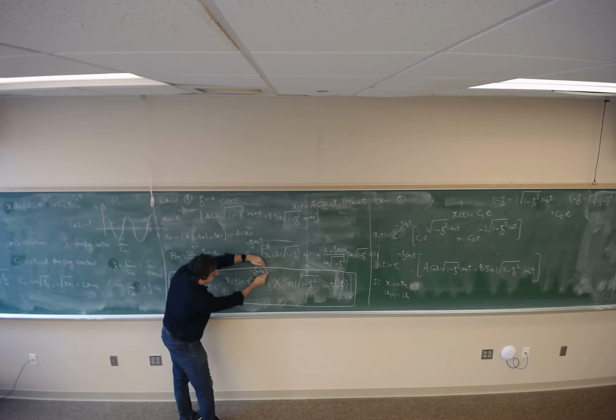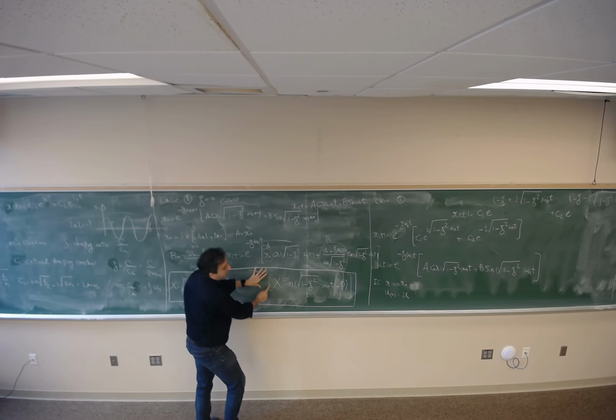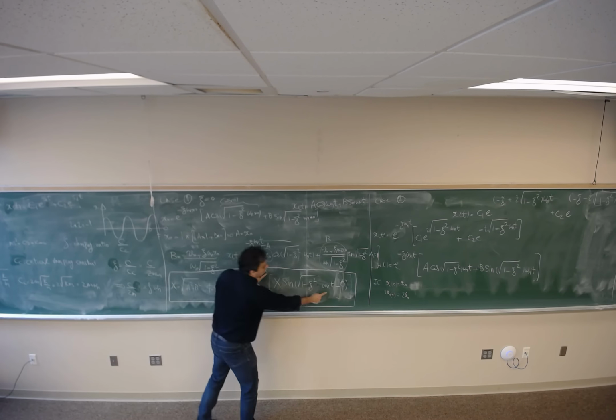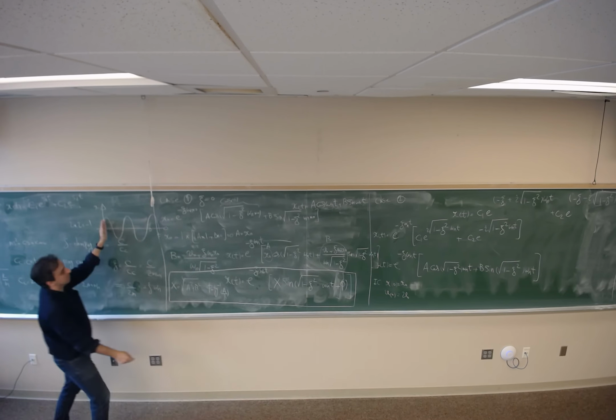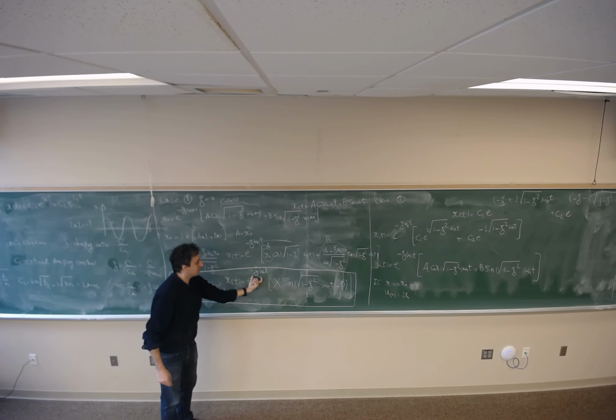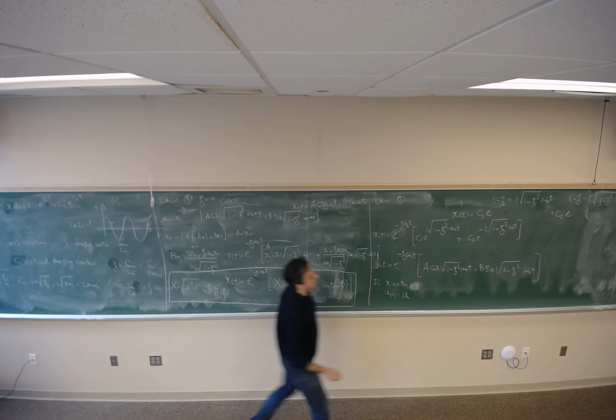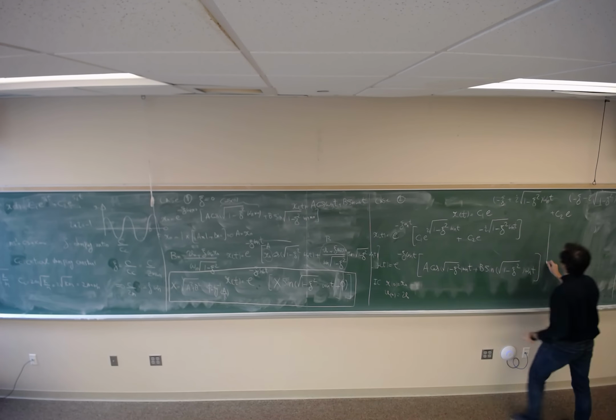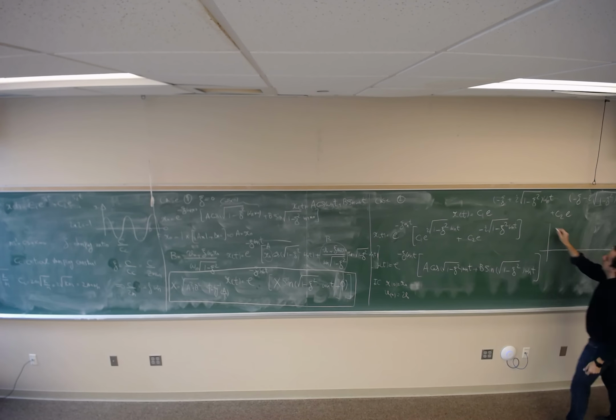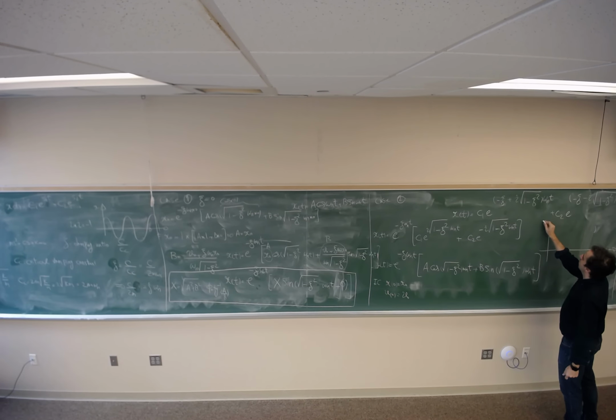If I then have this exponential function here, inside the bracket I have coefficient, amplitude, and sine function, which is going to look like this. But this term is going to show up due to the zeta that we have, due to the damping that we have, and it's going to change the response of the system. Now let's see how it's going to look like. This is x, this is t.